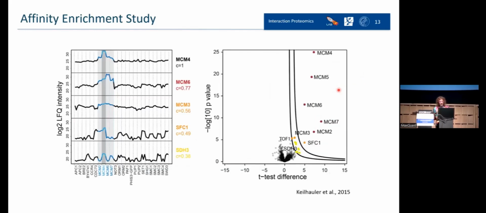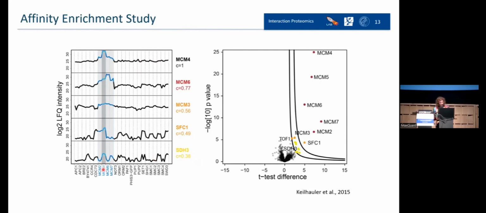Another way to test their result, they calculated the profile plots. Here, if you remember from yesterday, they are the same. And then they checked how much they correlate with each other. If these proteins, for example the red ones here, form a complex together, then we expect them to have a very similar profile plot. But let's focus on this one, SDH3.